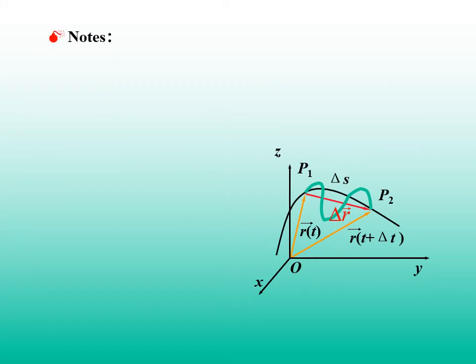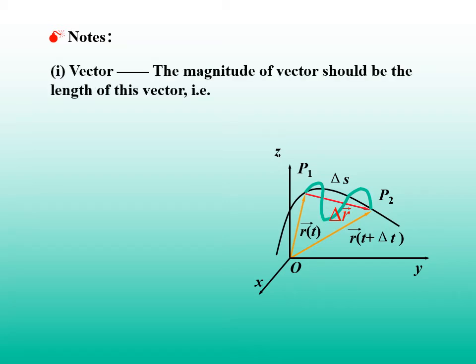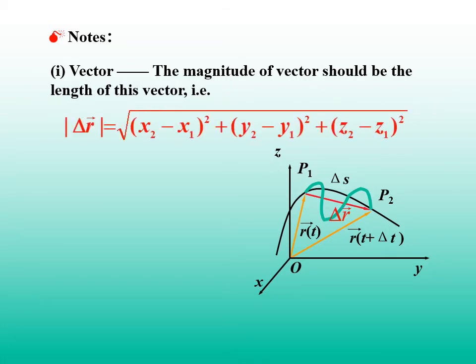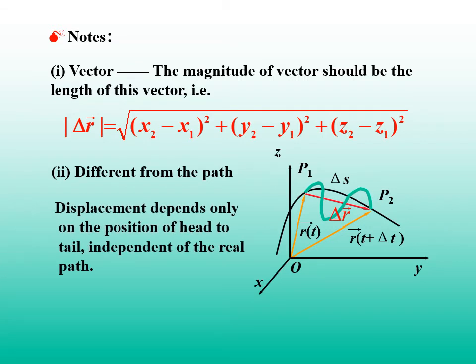For displacement as a vector, I have something to remind you. First, the magnitude of a vector is the length of this vector. So, the absolute value of delta r is equal to the square root of the sum of the squares of the 3 coordinate differences. Second, the magnitude of a displacement is different from the path.